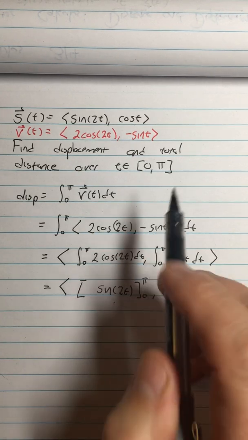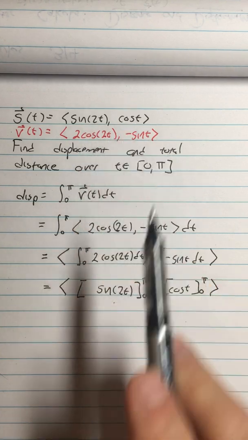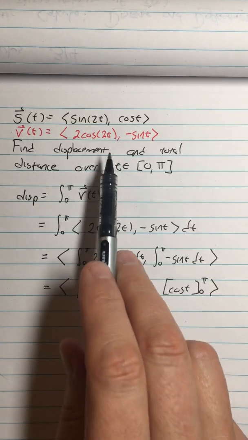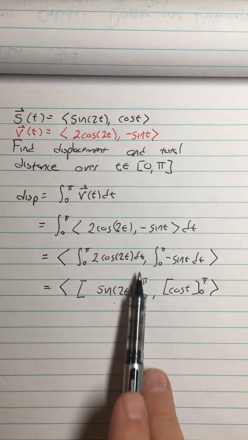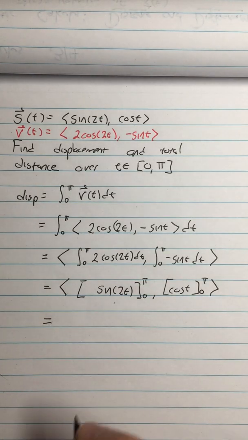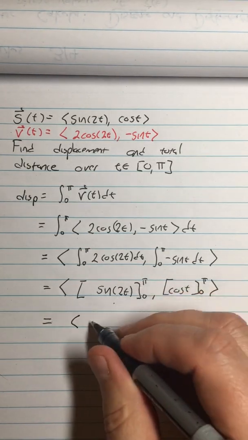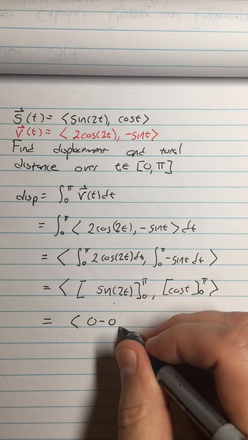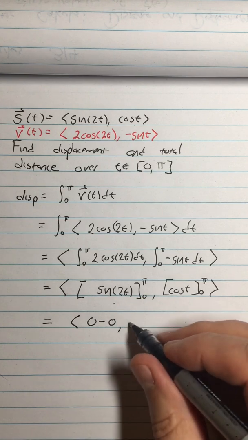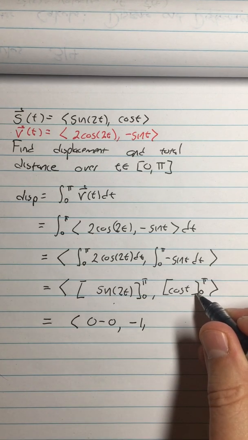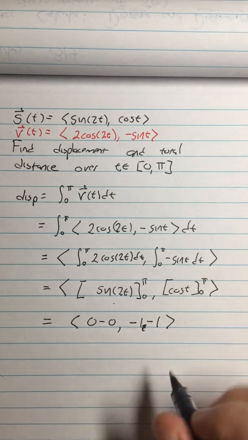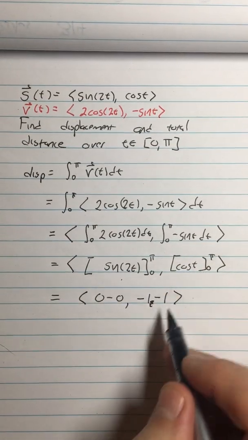Doesn't it seem like we started out with sine of 2t and cosine of t, and I ended up with sine of 2t, cosine of t? That's because we did the derivative and then we did the integral. It's worth thinking about. Anyway, sine of 2 pi is 0, sine of 2 times 0 is 0, cosine of pi is negative 1, cosine of 0 is 1. Oh, I forgot to put the minus sign.